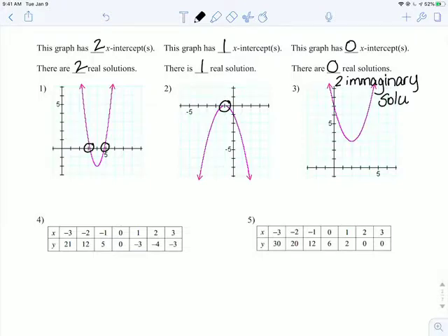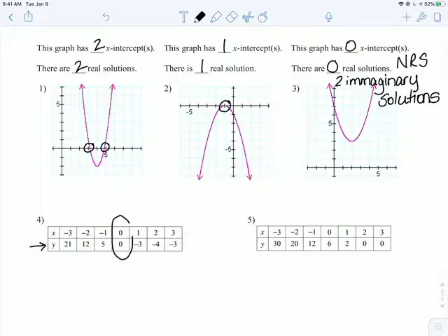I don't want you to be confused if you see the terminology two imaginary solutions. That just means that there are no real solutions, which we sometimes refer to as NRS. If you look down at the table in number 4, we're looking for our x-intercepts. So you want to look at your y values and find where y is equal to 0.